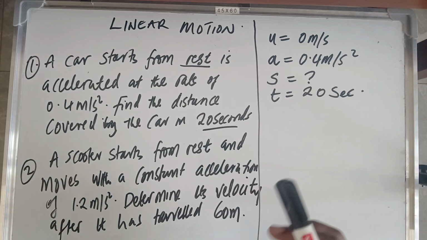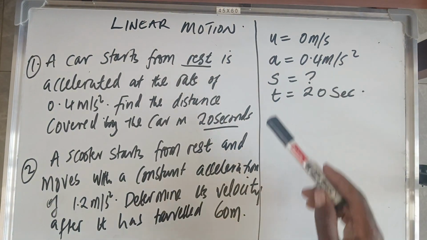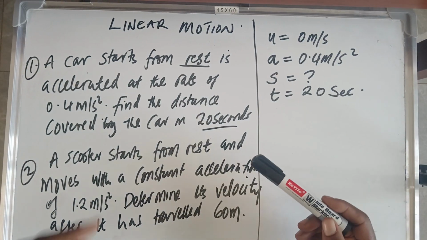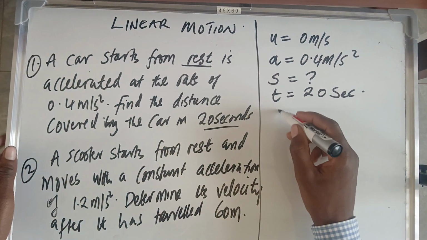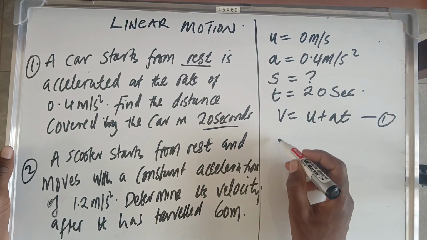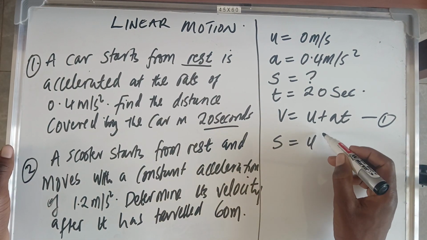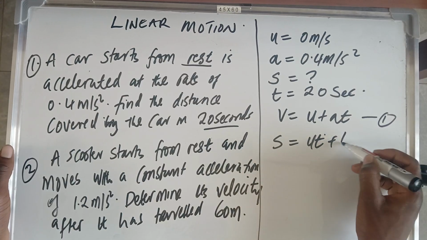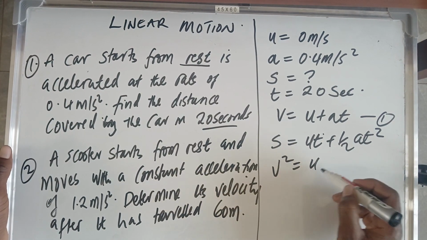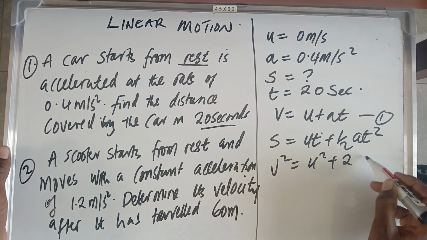Okay. So from the information that we have been given, we have to look at the three equations that govern linear motion. Number one, V is equal to U plus AT. Equation 2, S is equal to UT plus half AT squared. And equation 3, V squared is equal to U squared plus 2AS.